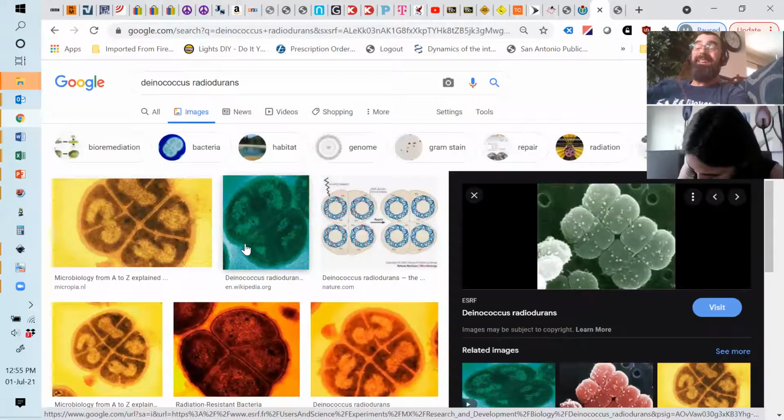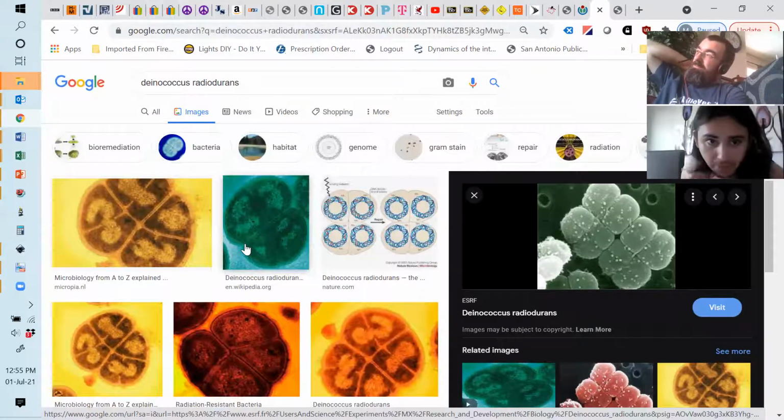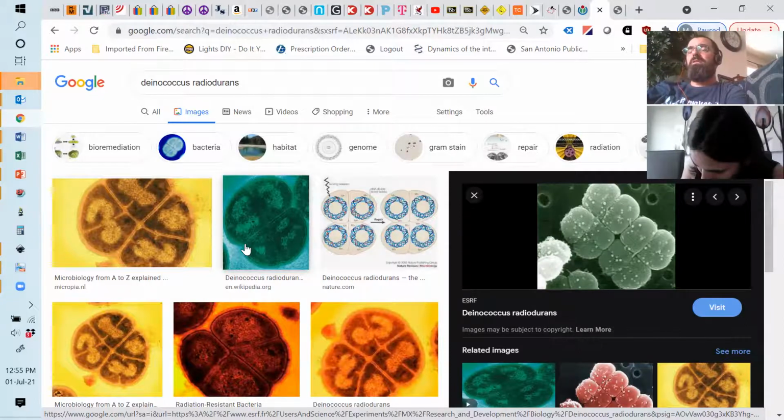Anyway, so these are able to withstand about 500 to 1,000 times the gamma radiation that will kill a human. So they are astonishingly radiation resistant bacteria.